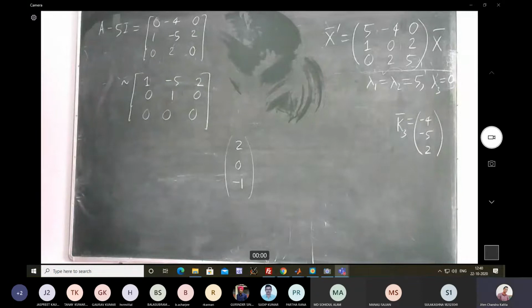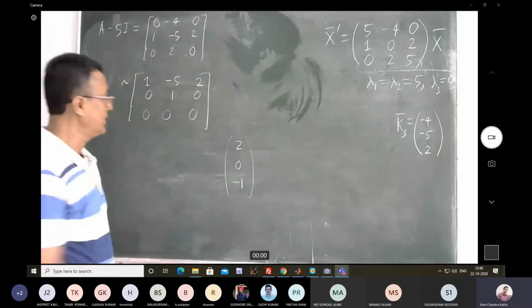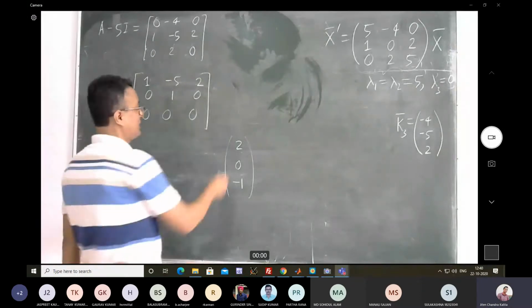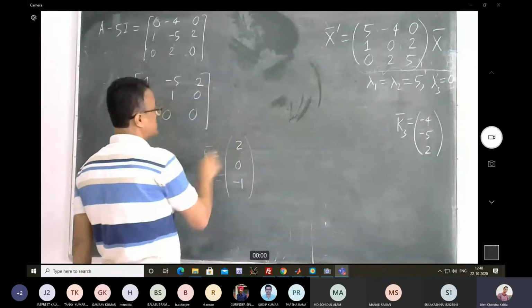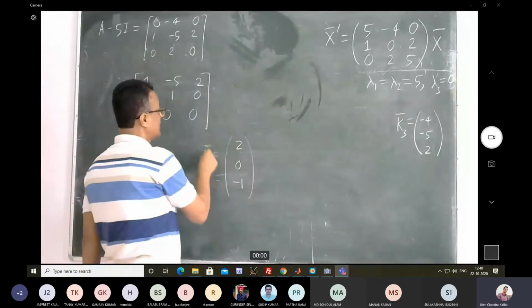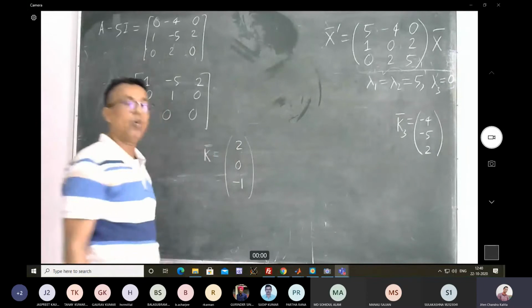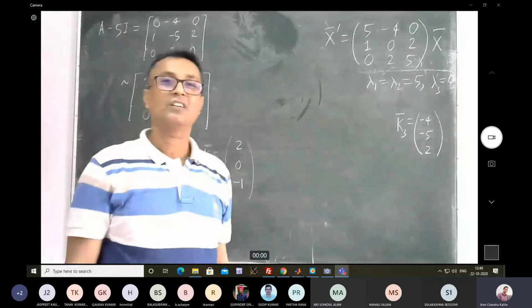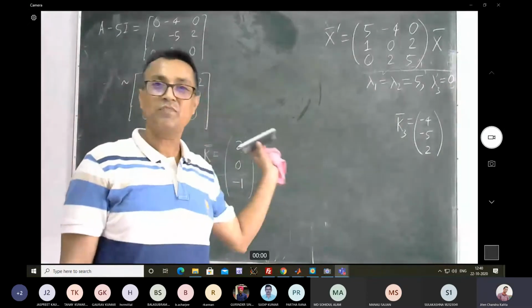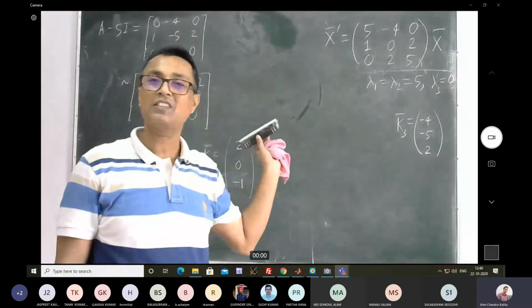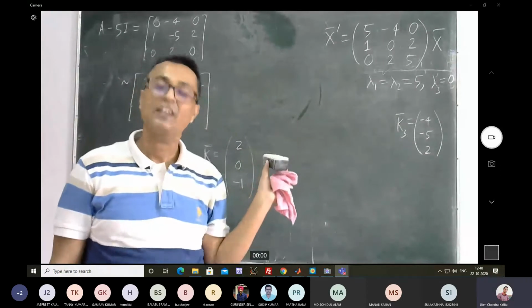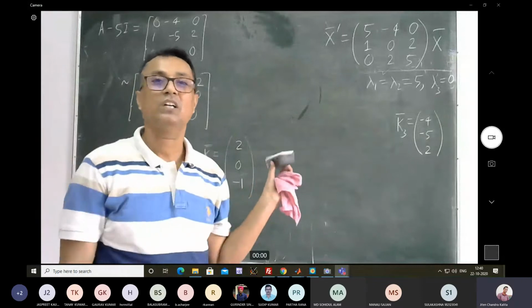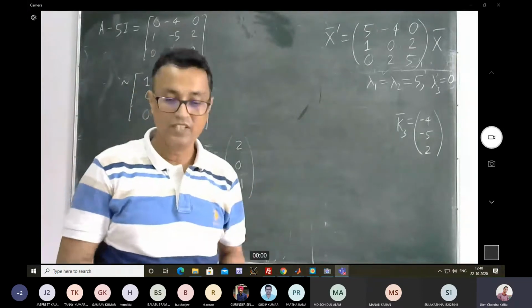Fine? Okay. So now, beyond this one, say let me call it k bar, except for this vector or its scalar multiple, this system doesn't give me any other eigenvector corresponding to the eigenvalue 5. Is it okay with everybody?